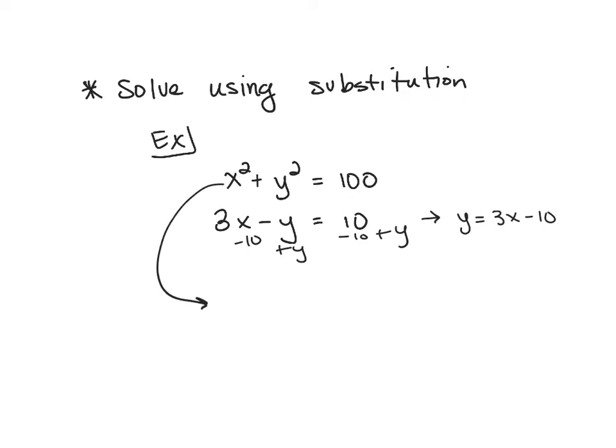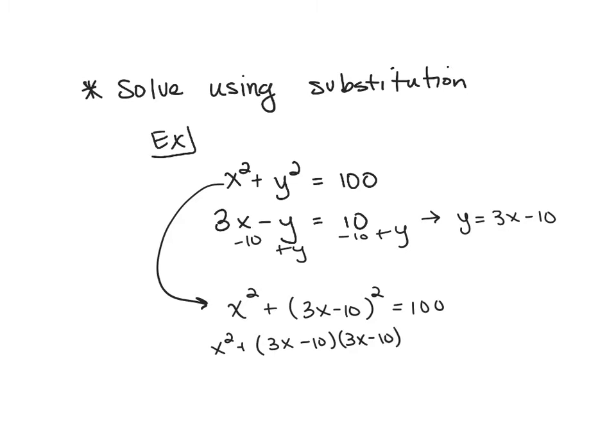So we take this equation now and make the substitution. x squared plus, instead of y squared, it's (3x minus 10) squared equals 100. And then simplify. (3x minus 10) squared is 3x minus 10 multiplied by 3x minus 10.